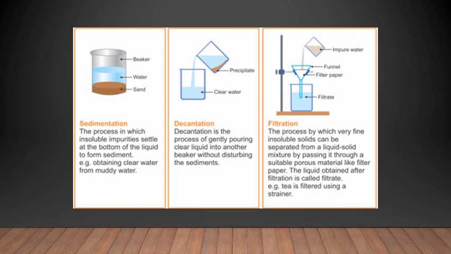A filter paper folded in the form of a cone is fixed on top of the funnel. The mixture is then poured into the filter paper. Solid particles of the mixture do not pass through it and remain on the filter paper. Fruit and vegetable juices are usually filtered before drinking to separate the seeds and solid particles of pulp.